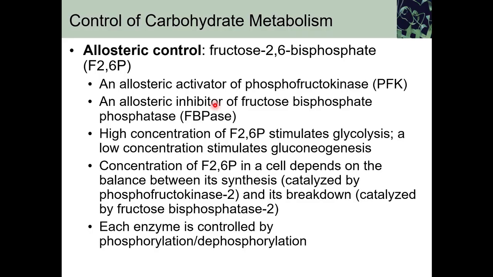In other words, the cell is desperate for ATP. That's why it makes sense for fructose 2,6-bisphosphate to inhibit gluconeogenesis, because you are in an energy deficient state.